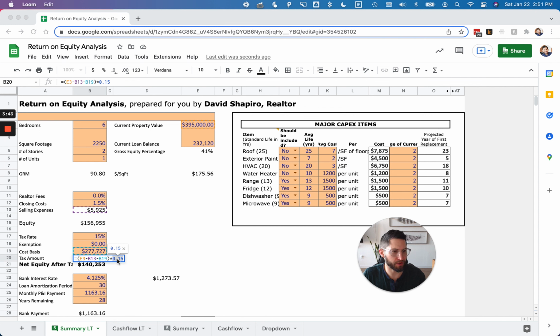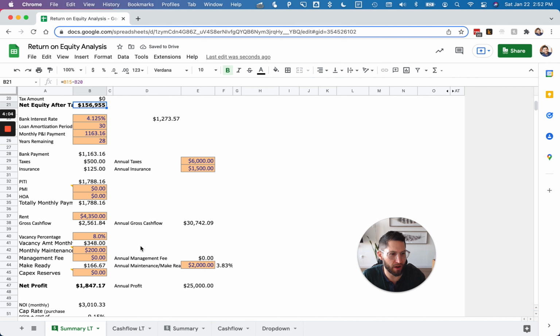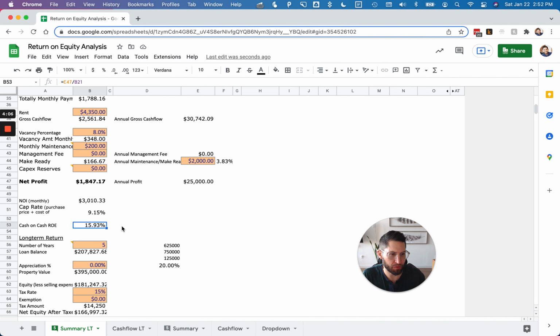I was using 15% in this formula instead of using the cell. It's getting messed up. So let's multiply that times 15%. That number should stay the same. But now when I say, okay, what if we do this? Great, 156,955. So now my return on equity is 16%.